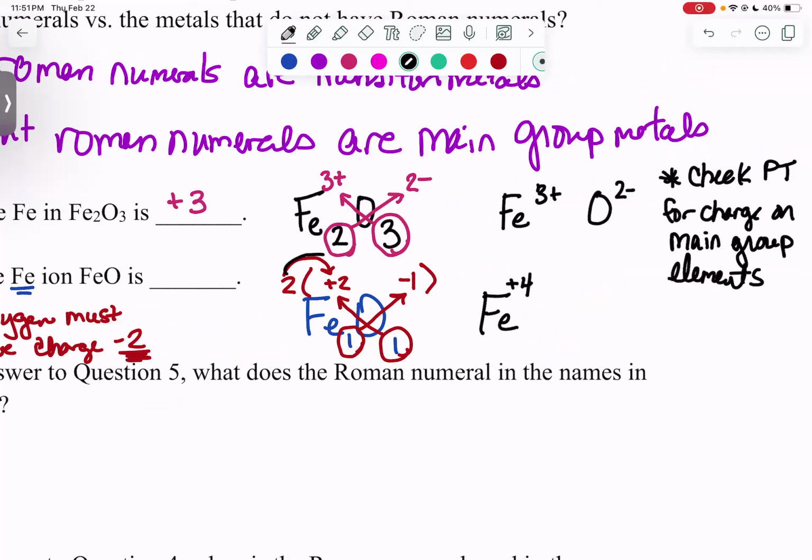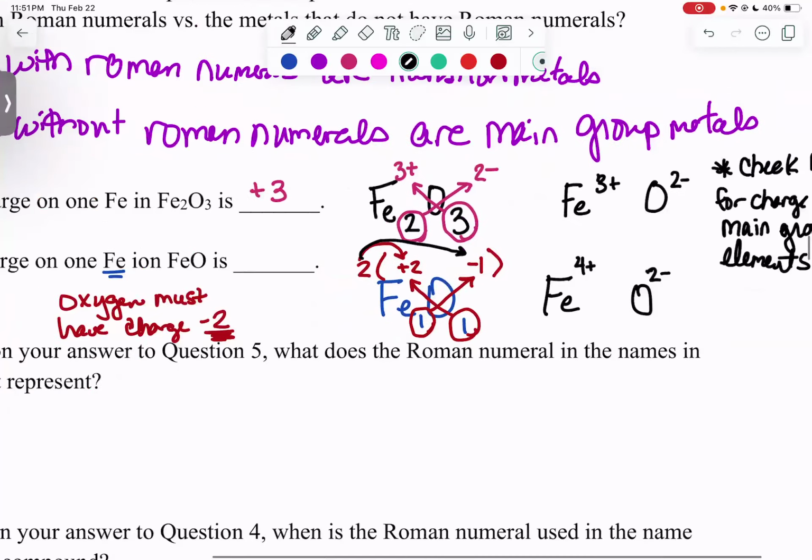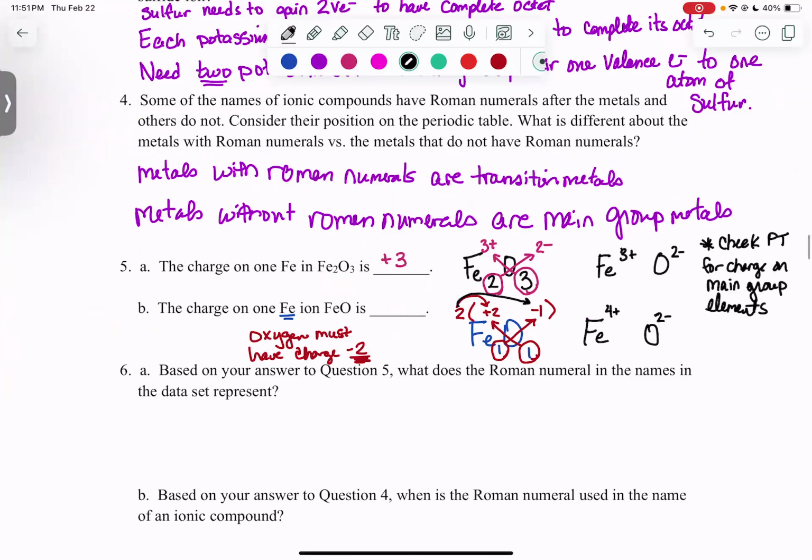Then I'm going to do 2 times -1 for oxygen. 2 times -1 is -2, or 2 negative. 4 positive, right? So what is the charge on one iron ion in FeO? It's going to be 4+.